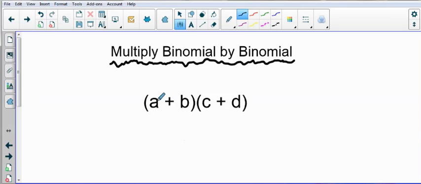So this is how we do this. We're going to start with just the a. Just ignore this b, and we're going to pretend like we're multiplying a times c plus a times d. Again, I'm just doing that so you can see it. We take a times c.